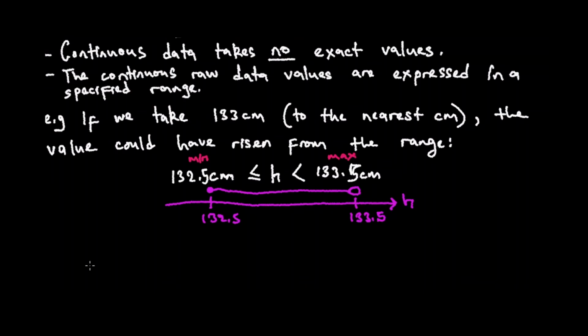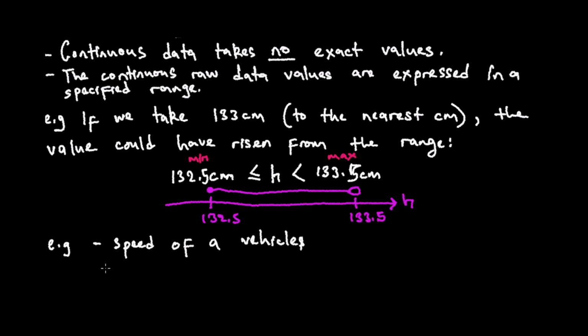Otherwise, let us give other examples. Other examples would be the speed of a vehicle as it passes a checkpoint. We just say the car is travelling at 120, but we don't necessarily mean that the car is at exactly 120. It could be 120.4. So that is continuous raw data.